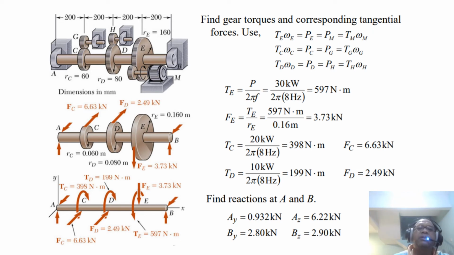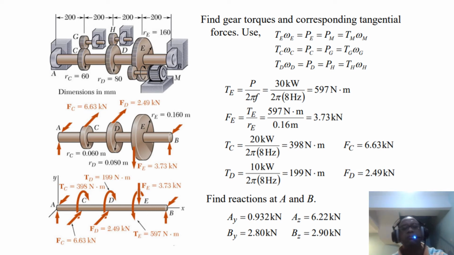So we divide, and we know that the speed is 8 hertz. Okay, so it's 480 RPM, 8 hertz. So with 2 pi times 8 hertz, we get the torque here, 597. When we have the torque 597, we divide it by the distance, 0.16. This is the distance here, 0.16.